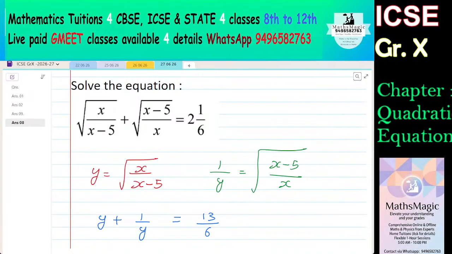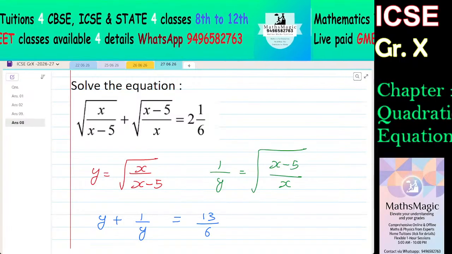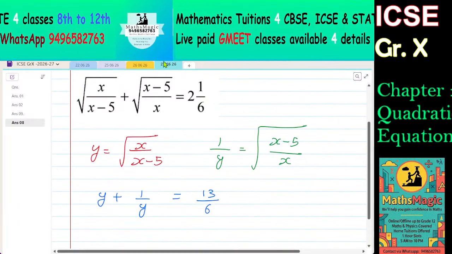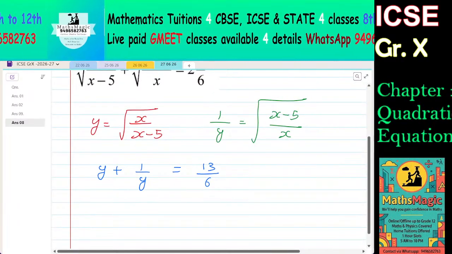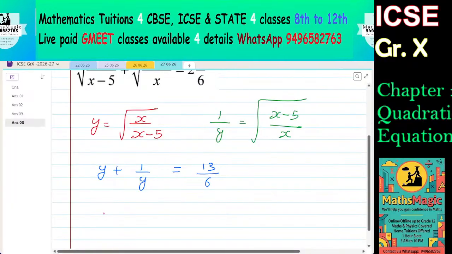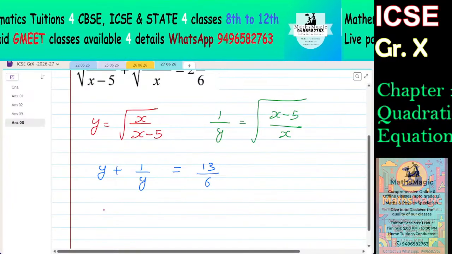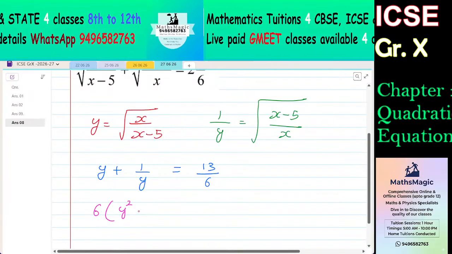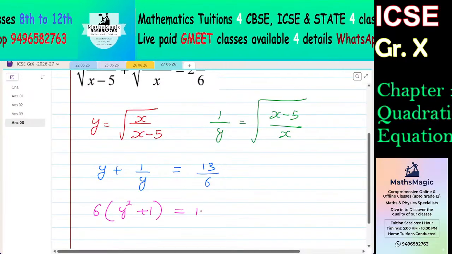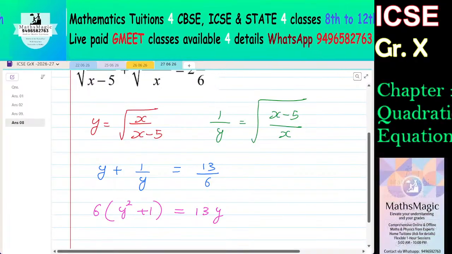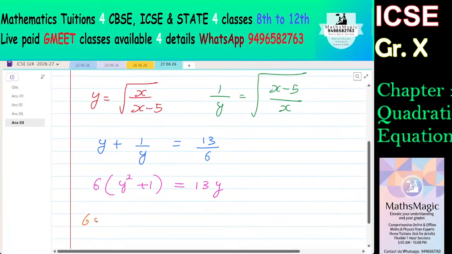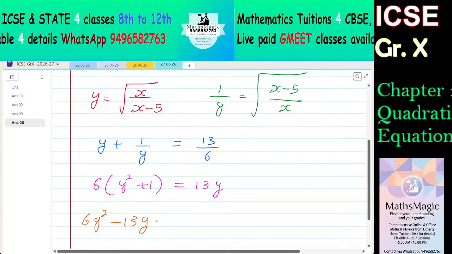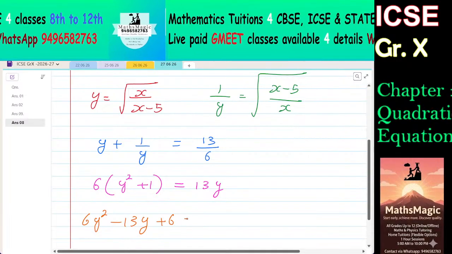Cross check yourself. Now cross multiplying, rearranging, 6 times y squared plus 1 gives 13 times y. Now you have 6y squared minus 13y plus 6 equals 0.